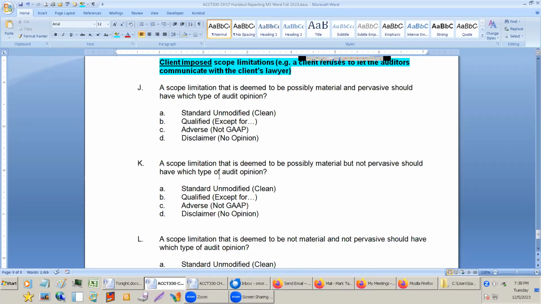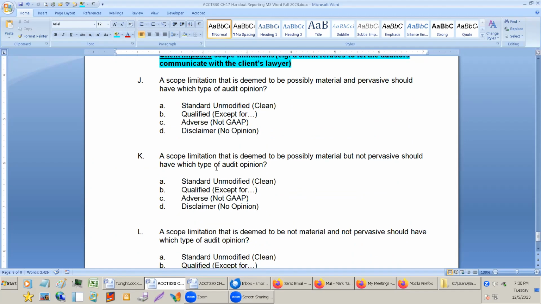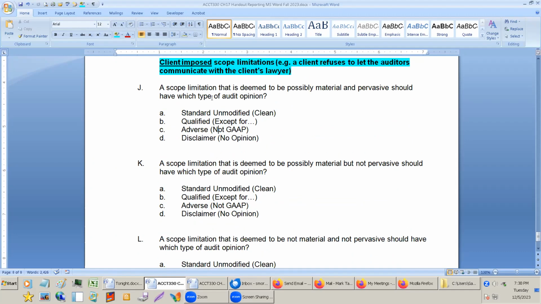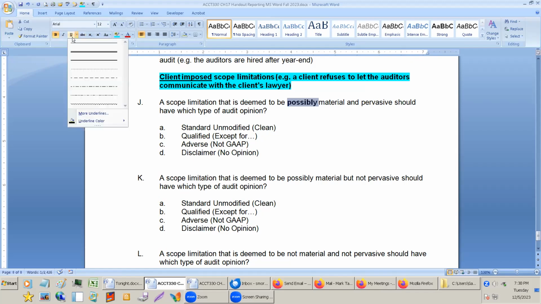A scope limitation that is deemed to be possibly material and pervasive should give which type of audit opinion? Now remember, we're saying it's possibly. We're not saying that we found it to be, because it's a limitation.